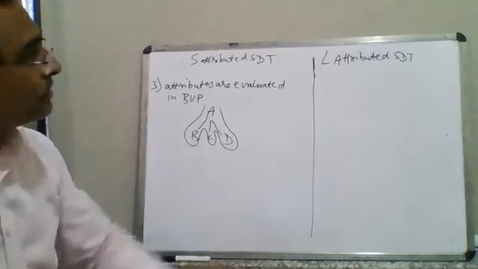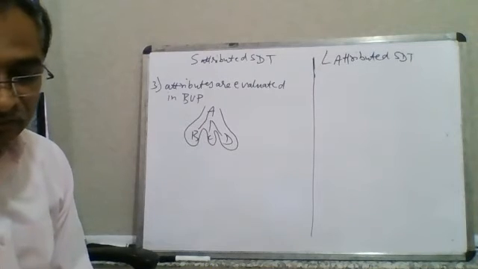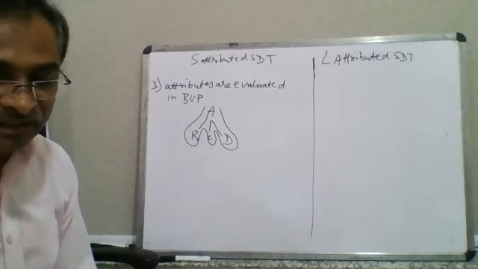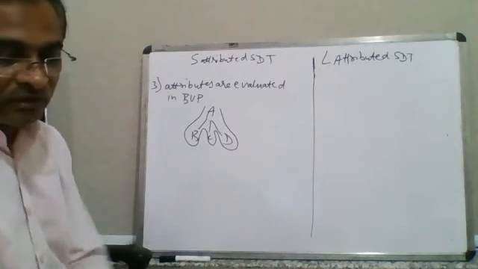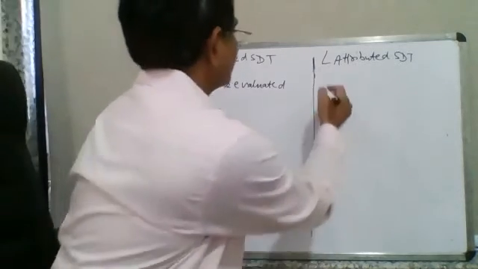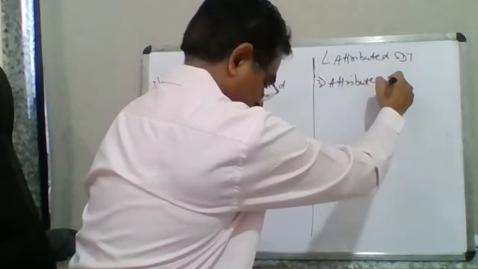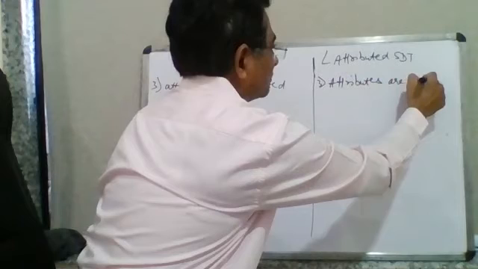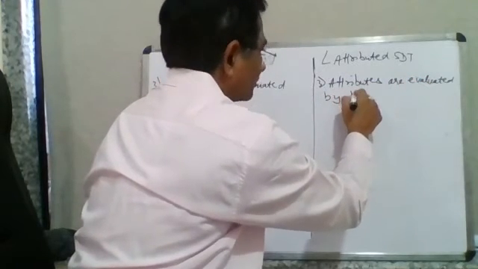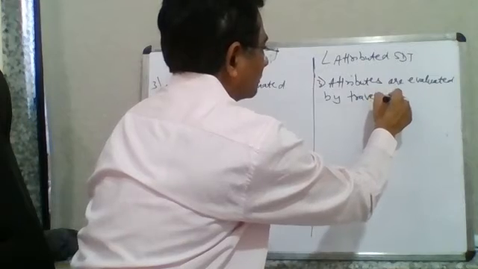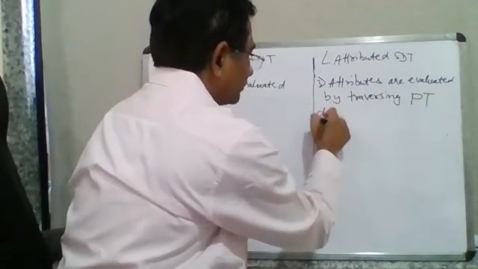But in this case, what is going to happen is attributes are evaluated by traversing the parse tree. So depth first is going to take place, then left to right, and then bottom up evaluation is anyway going to be present, right? So what is the meaning of this? Attributes here are evaluated by traversing the parse tree, depth first, right?